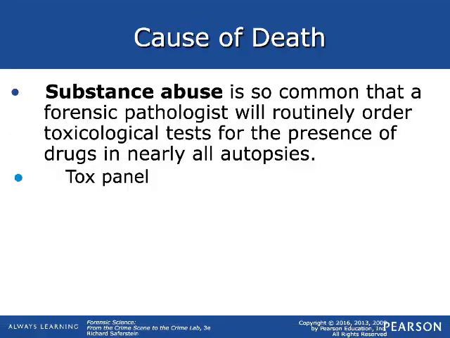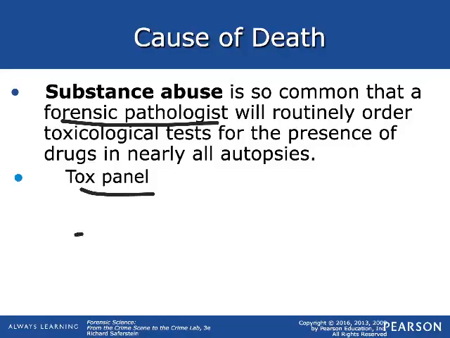Substance abuse. Substance abuse is interesting. It's really common, right? If someone shows up and they look like they're a substance abuser, the forensic pathologist is going to order a tox panel or toxicology screen to see what drugs are present, what aren't present.